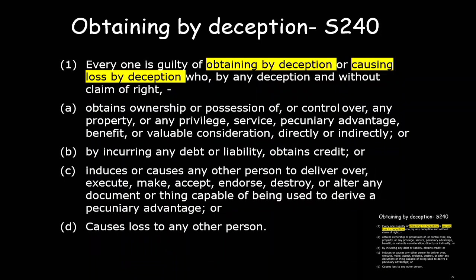our case of Morley, which is the main case dealing with 240, has made it very clear that we've got two ways in which this offence operates. One is obtaining by deception, and one is causing loss by deception. Okay, so they're two separate things.